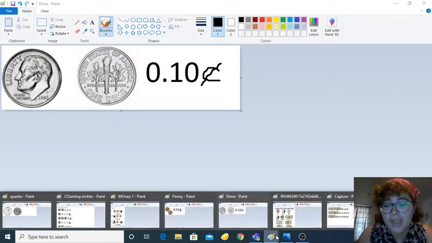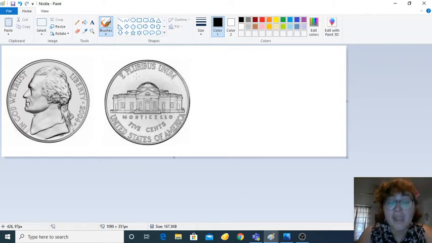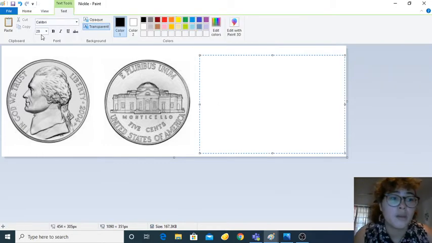Then, of course, we have the one that we saw next when we were in class. We have our nickel, and it's a little bit bigger than the dime, but it's worth less because the nickel is worth only 5 cents. So let me go ahead, put this over here so we can see it.